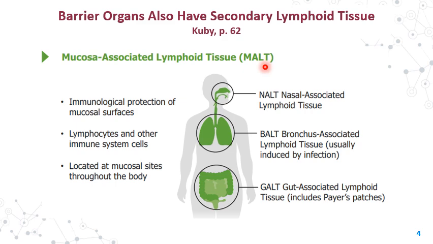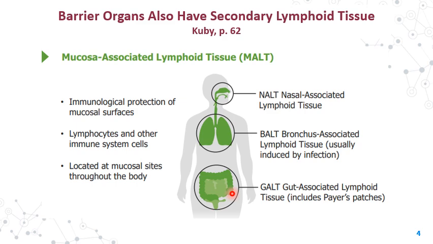So after the immunologists knew about this mucosal tissue, they started to get more specialized, and they say, oh look, when you have your nose or your nose and the mouth, let's call that nasal associated lymphoid tissue, or NALT.